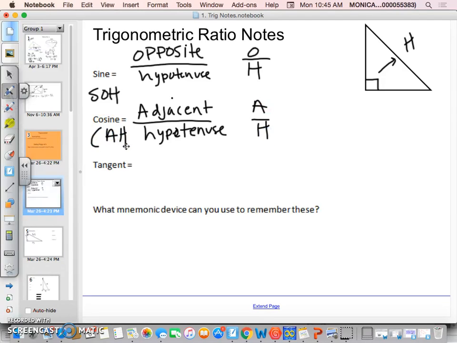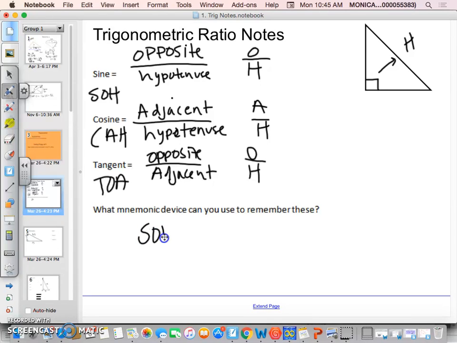And then the last one's tangent. Tangent is opposite over adjacent. Now the good thing about trig is that a lot of what you need to do is simply done in your calculator. We say TOA for this one. So the mnemonic device is SOH, CAH, TOA.